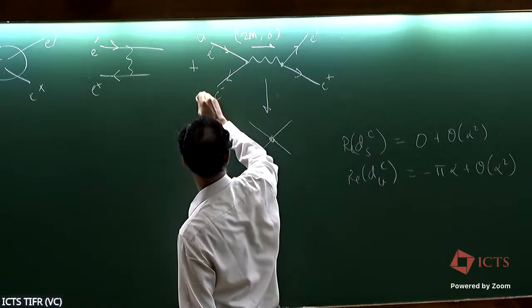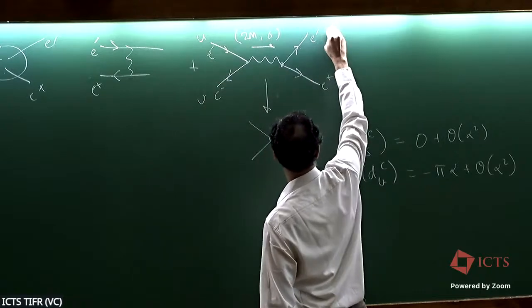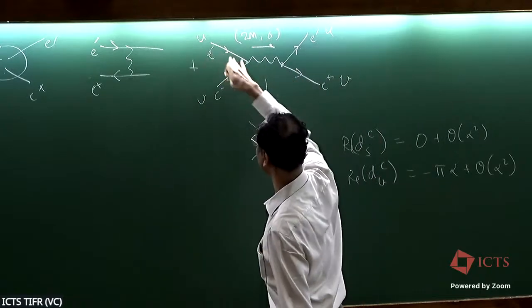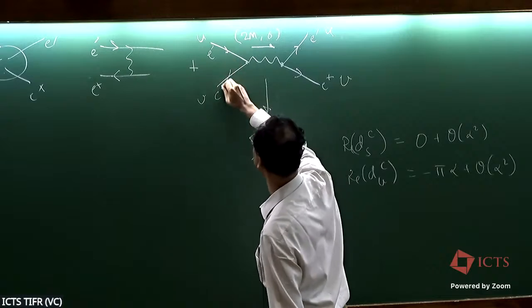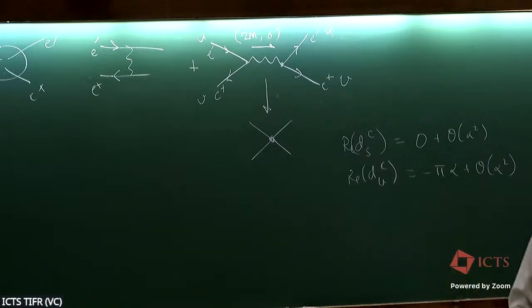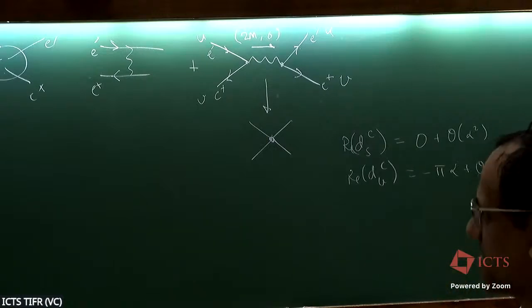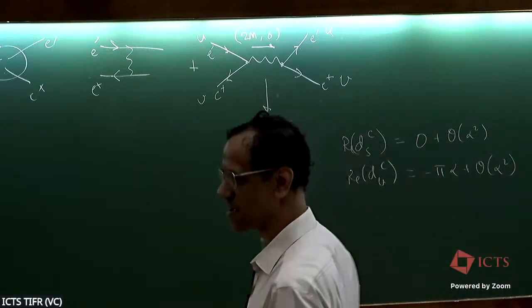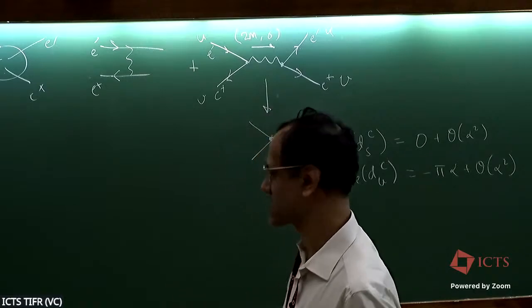So you'll have U's and V's. U comes with electrons and V's with positrons, and then you have to use the non-relativistic forms of these U's and V's that you have seen before, I think, in the first lecture.